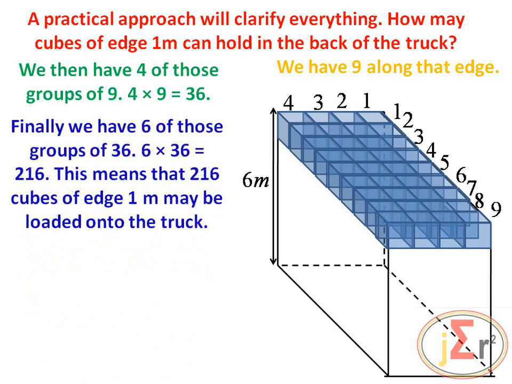What we are doing though is warming up for the case when the edge of the cube is either 2 meters or 3 meters. Finally, we have 6 of those groups of 36, which will turn out to be 216. This means that 216 cubes of edge 1 meter may be loaded into the back of the truck.